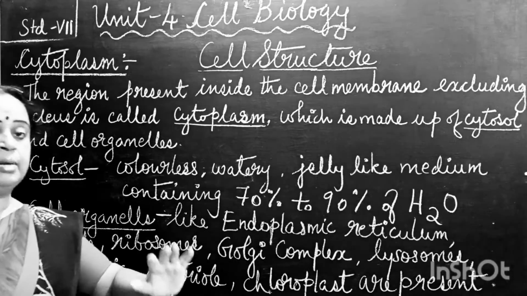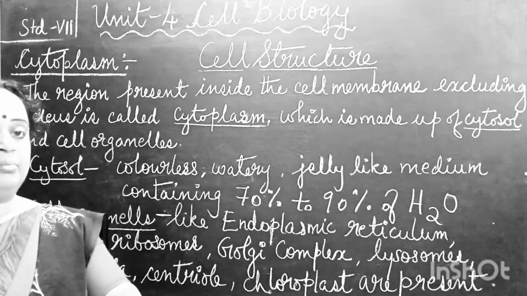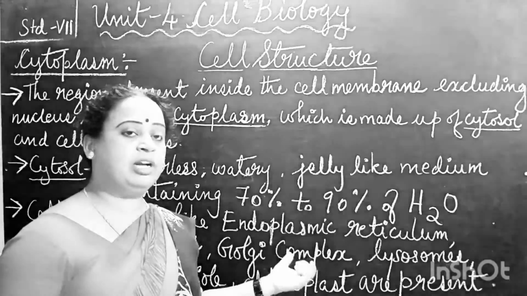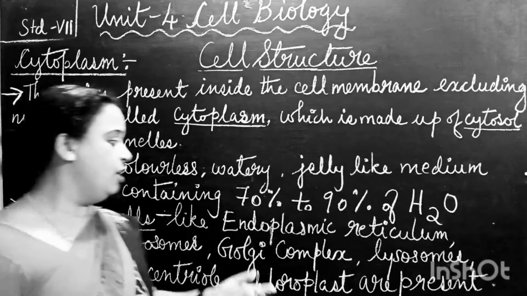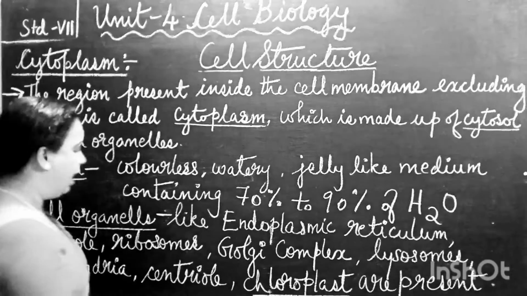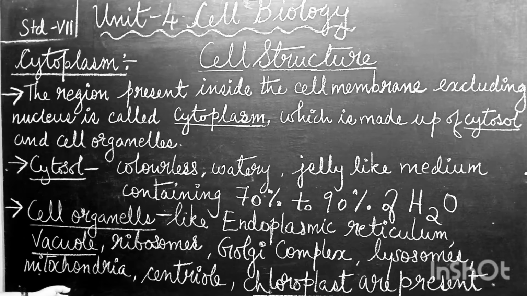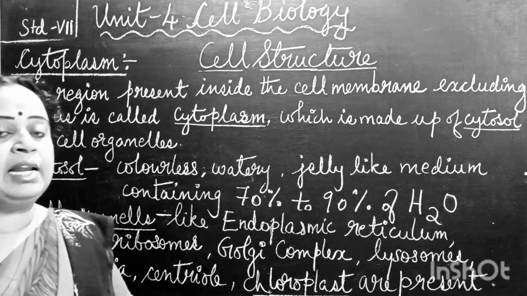Different types of cell organelles are present in the cytoplasm, and depending upon the plant cell and animal cell, the cell organelles present also differ. In the case of plant cells, chloroplast and big vacuoles will be present. That is one of the main differences between plant cell and animal cell.